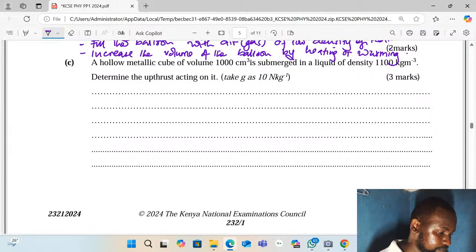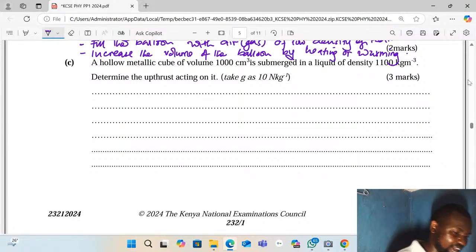Then you are told determine the upthrust acting on it, given that g is 10 newtons per kg.